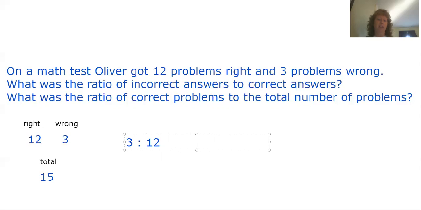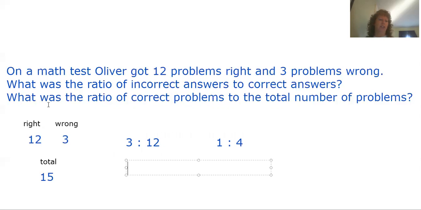But both of those numbers can be divided by 3. So I could reduce that by saying 3 goes into 3, 1, and 3 goes into 12, 4 times. So 1 to 4 would also be an answer choice.